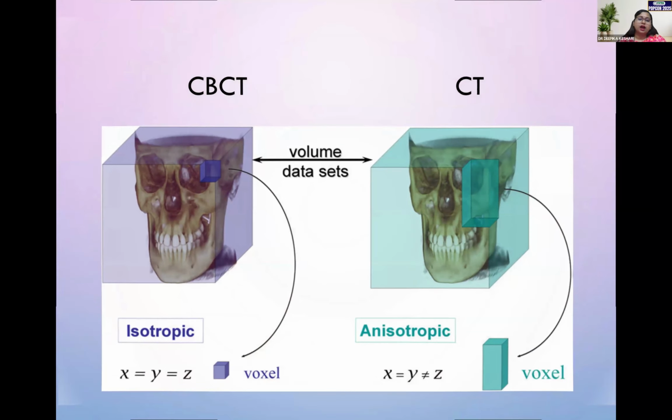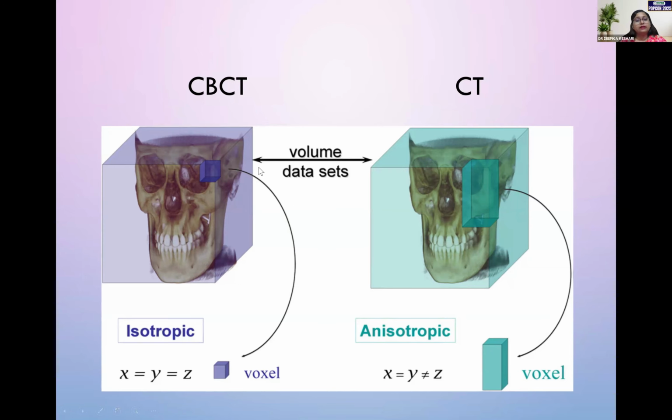Now let us understand how the image is acquired in CBCT and in CT. The image in CBCT and CT is acquired in the form of voxels. But what is the difference? In case of CBCT, the voxel is isotropic, whereas in CT, the voxel is anisotropic. Now, why do we need to know this? Because everyone has heard about multiplanar reconstruction or multiplanar reformation.